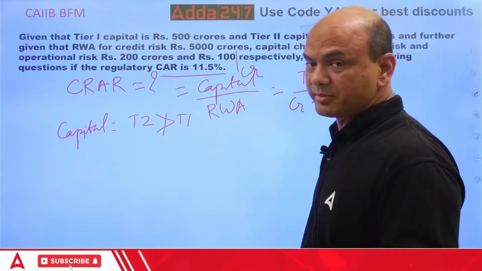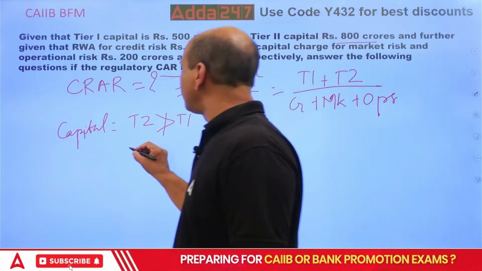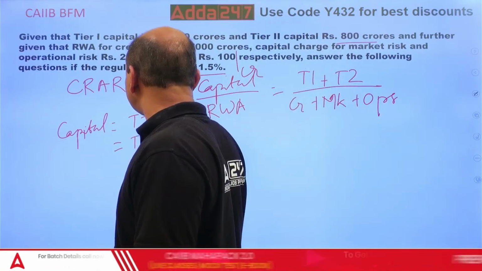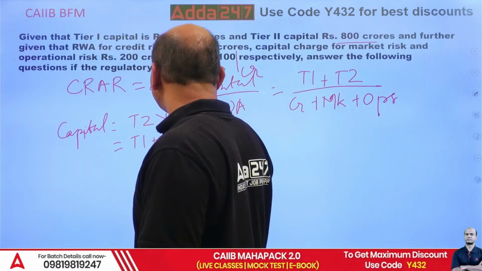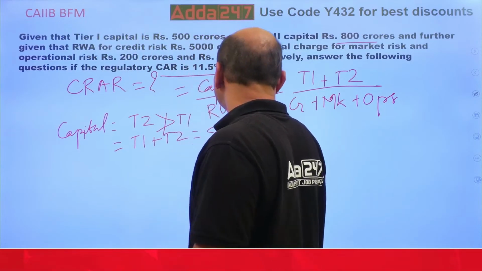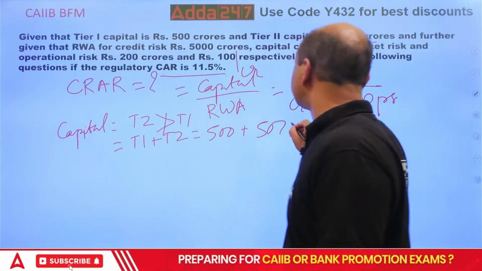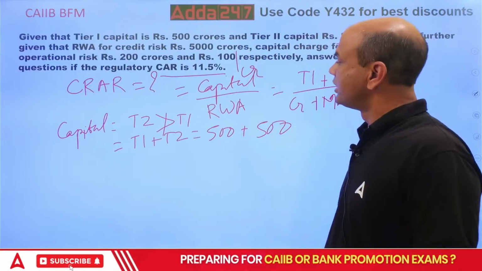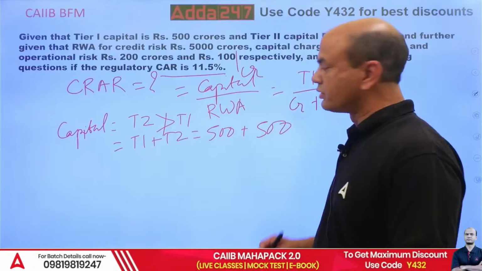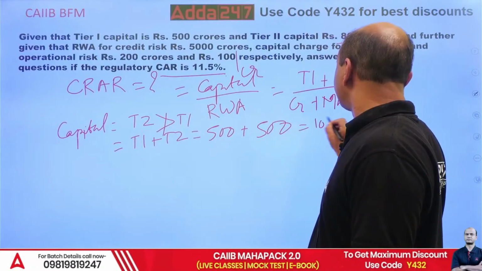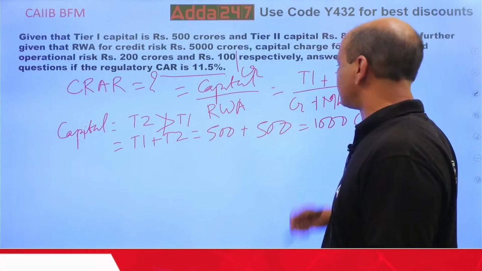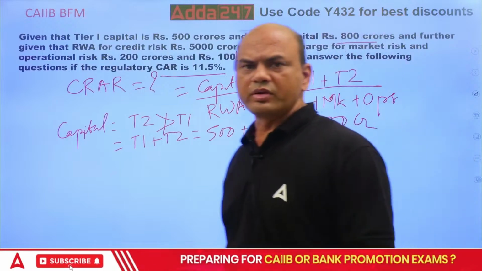You have to take maximum T1. So your capital will be T1 plus T2, equal to 500 plus 500. Focus on this, I am not taking 800. T2 can never be greater than T1. So 1000 CR.